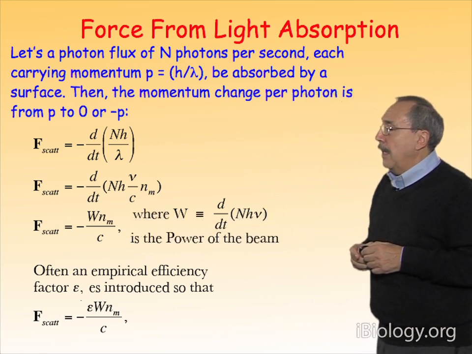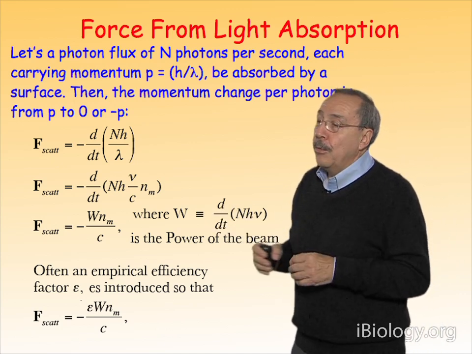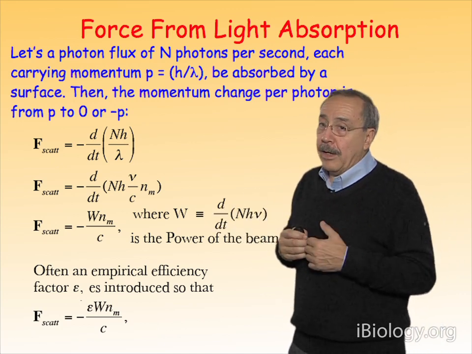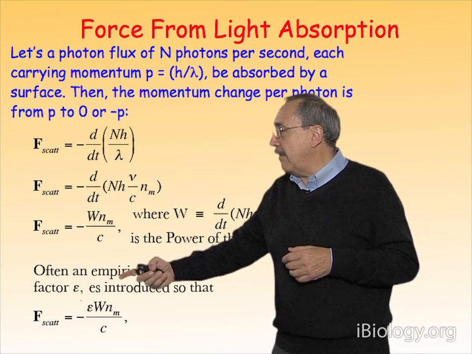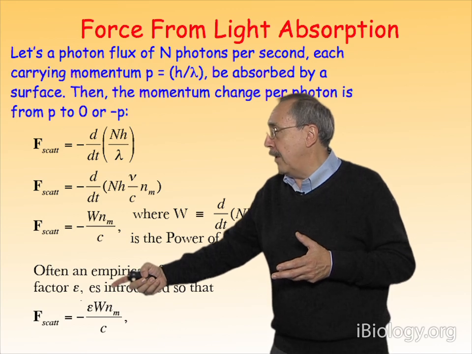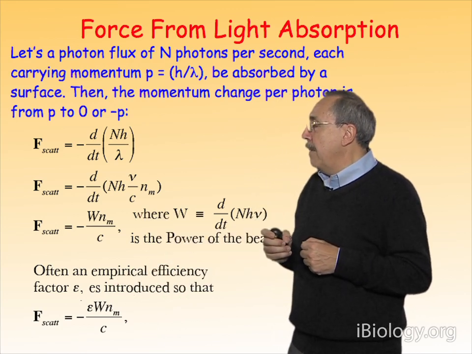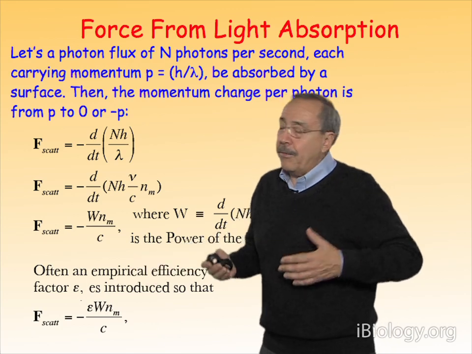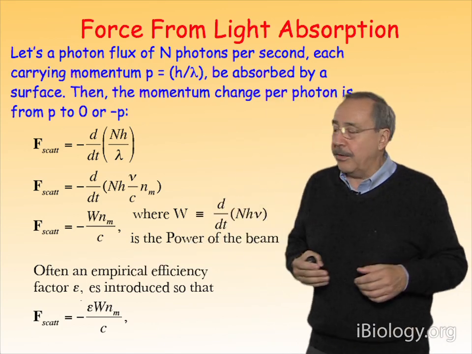Now, of course, this assumes that everything worked perfectly, that no photon was scattered, for example, that all photons were absorbed. So in practice, people often write this expression in terms of some kind of empirical efficiency factor epsilon, which multiplies the quantity that we have derived here, to take into account the fact that some photons are not absorbed, some photons were reflected or scattered and so on.